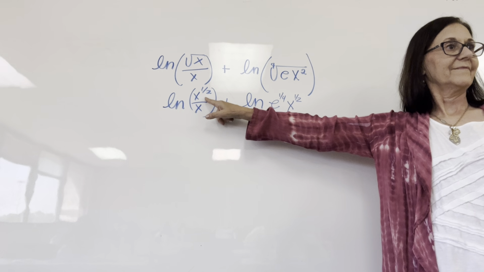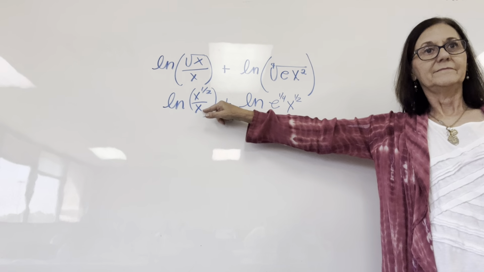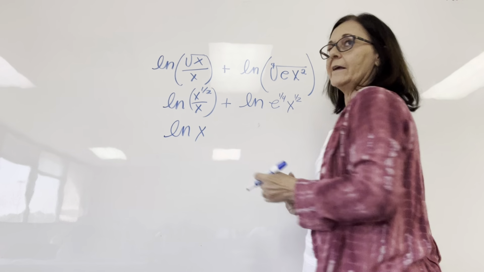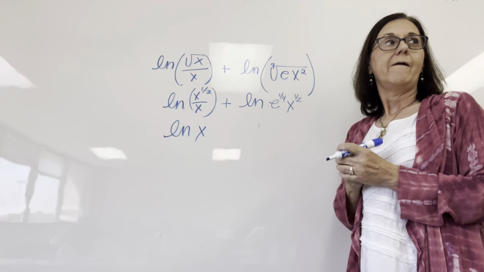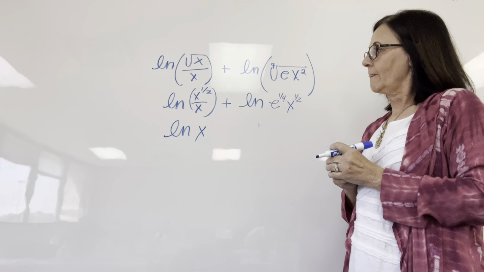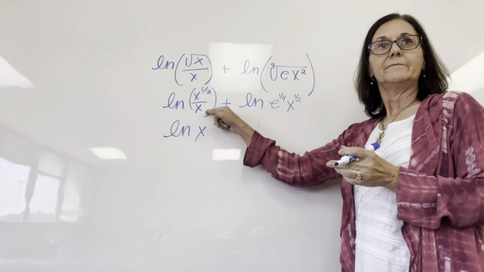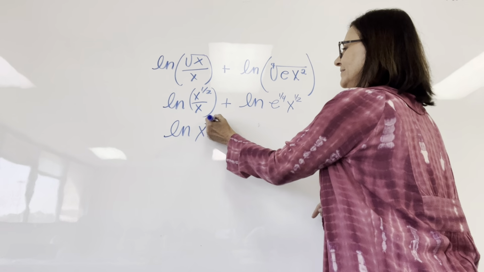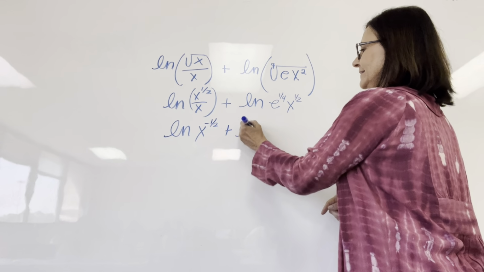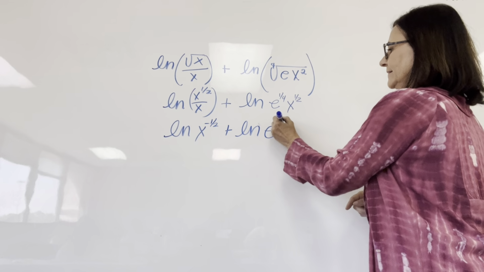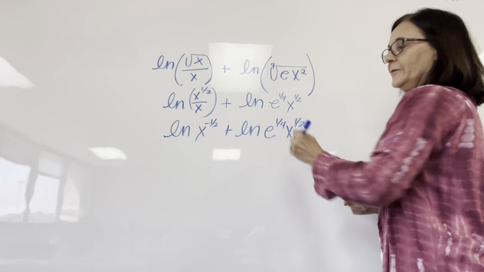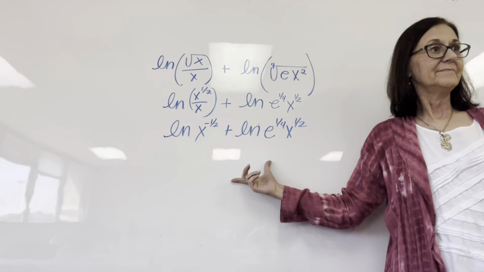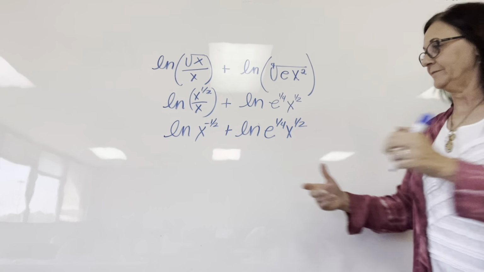Yes, you can. Division is subtraction, so this would be ln of x to the, what's 1/2 minus 1? Negative 1/2. Well, wouldn't multiplication be, addition is multiplication?